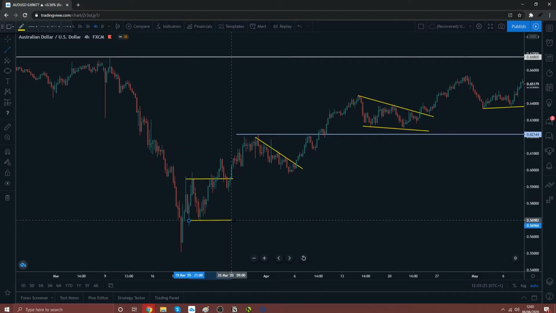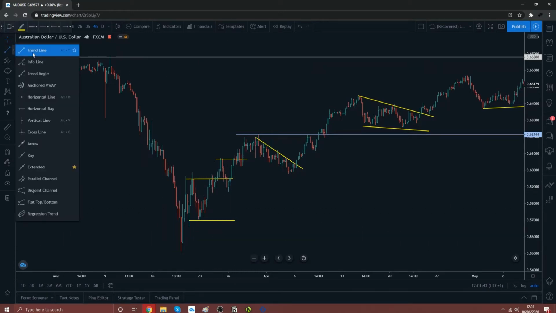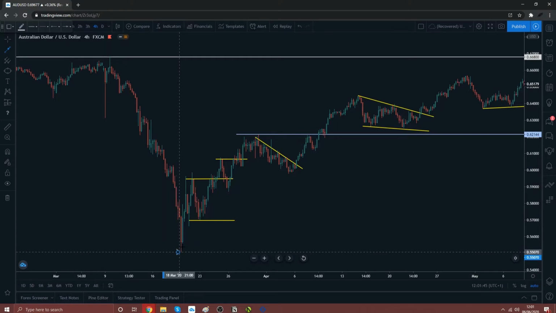It couldn't create a lower low, and it created a higher low, and then it created a higher high here. Now, for me, this was a strong move from the bottom to here.